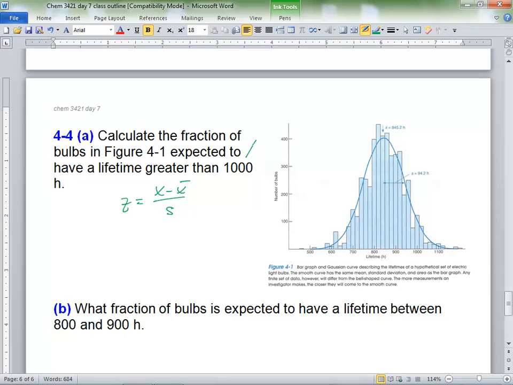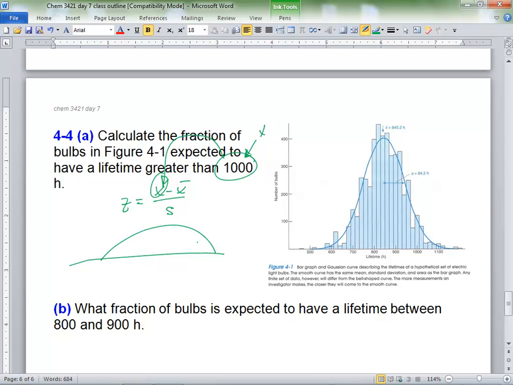So this is my x, isn't it? Greater than 1,000 hours. Plug that in for your x. That 1,000 has to go in for your x. Somewhere has to be the average. You just got to dig for it. Somewhere is the standard deviation. You just got to dig for it and calculate your z. And then you find the area.